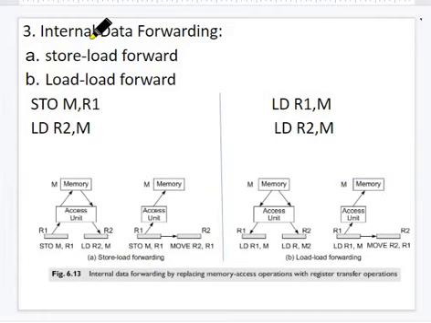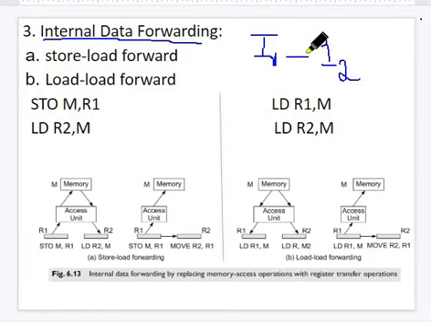Next, the third method is internal data forwarding. Let me explain like this. There are two instructions. Instruction 2 is indirectly taking a result or some value from instruction 1.